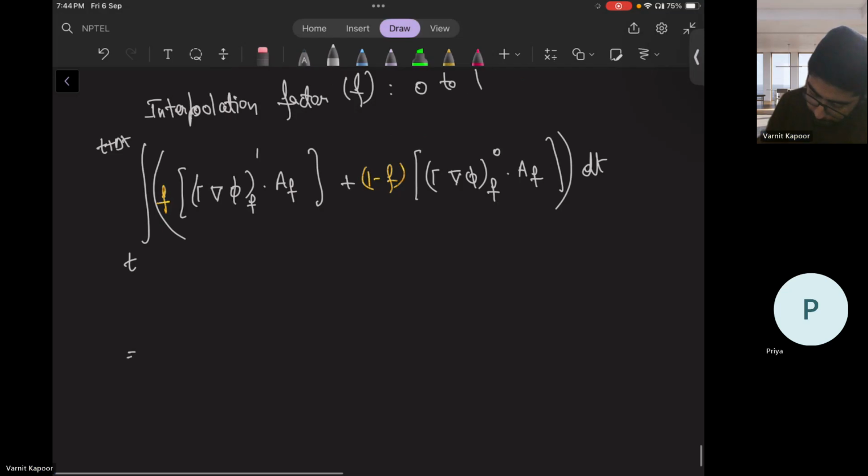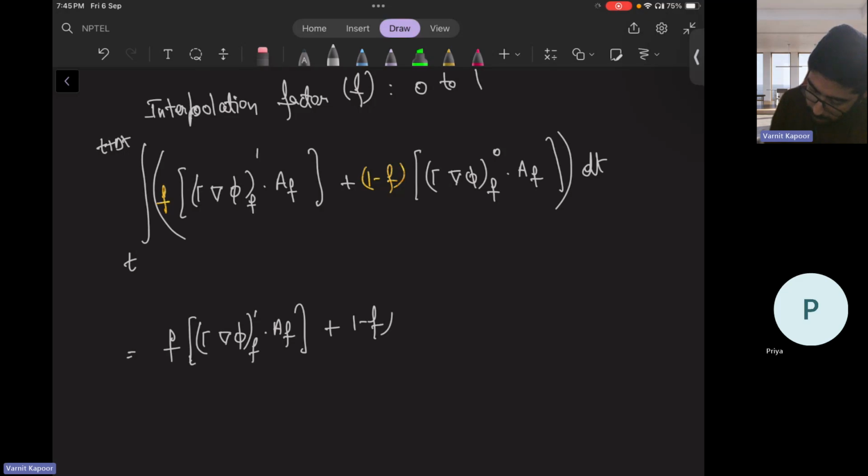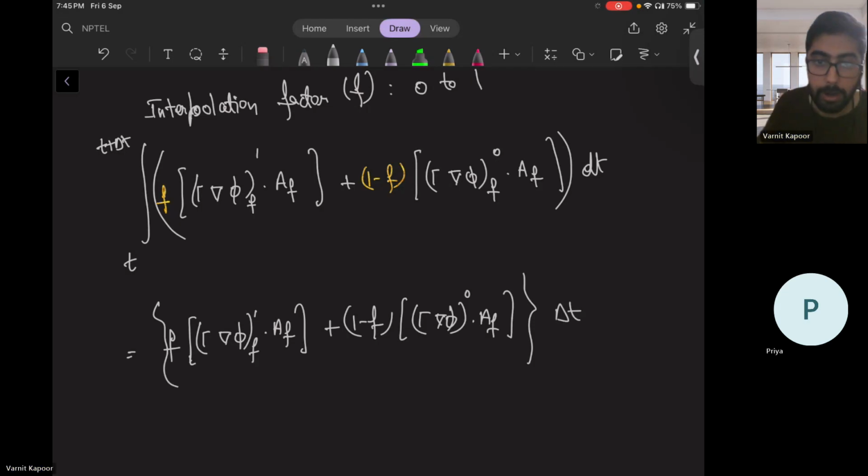This is nothing but f times φ at face f at 1 plus 1 minus f times φ at face f at 0, multiplied with delta t. So it's a summation on all the faces times dt. This is nothing but delta t after integration. Okay.